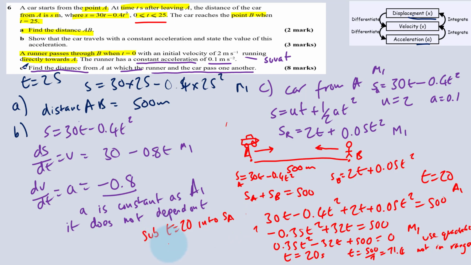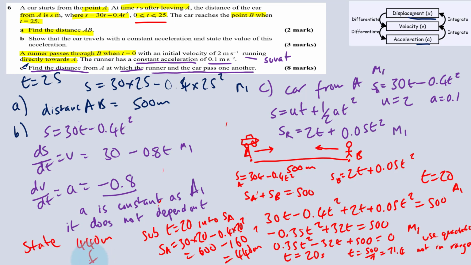SA equals 30 times 20 minus 0.4 times 20 squared, which is 160, so that equals 440 meters. So you need to state it: they cross 440 meters from A, and if you worked it out from B, then you'd write the answer from B, and that's your final accuracy mark.